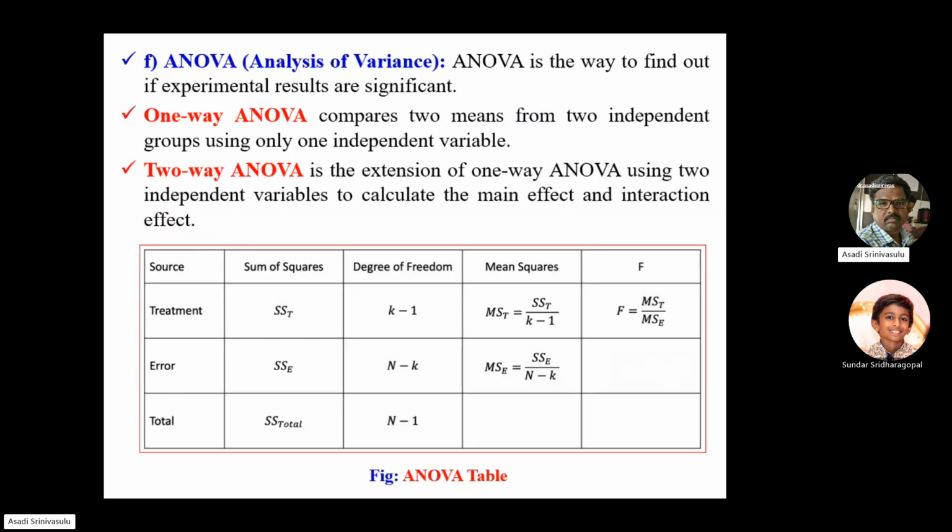And ANOVA. ANOVA is one of the techniques under SPSS. Sundar, do you know SPSS? No. No problem. So especially statisticians use SPSS, which means Statistical Package for Social Sciences.